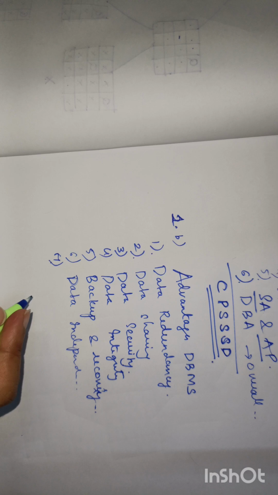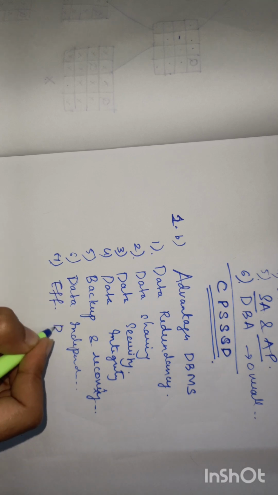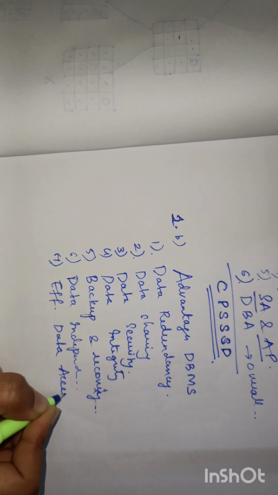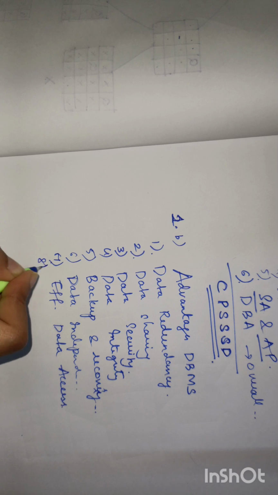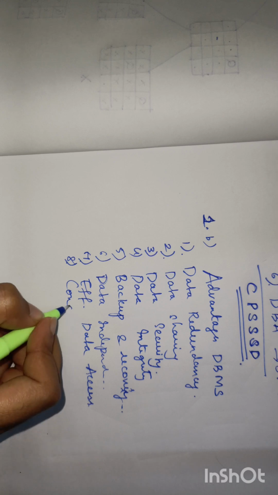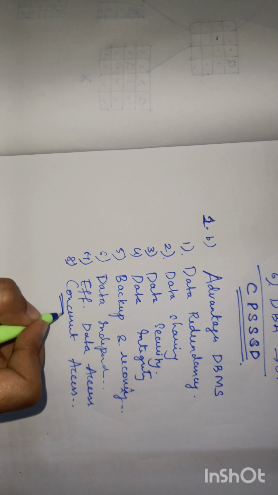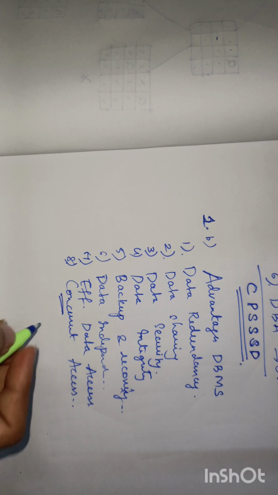Efficient data access. DBMS uses some sophisticated algorithms to optimize the queries and the performance. So basically, there is efficient data access. You can access huge amounts of data in a more efficient manner. Concurrent access. When you say concurrent access, it ensures that multiple users can access the same database at the same time.